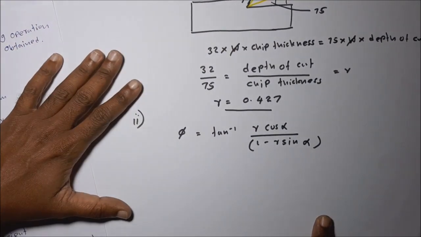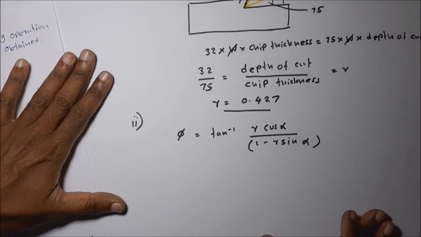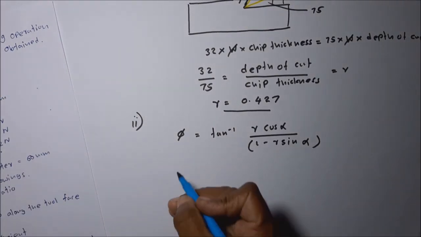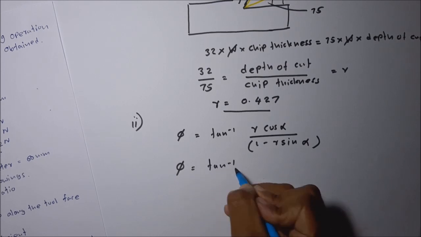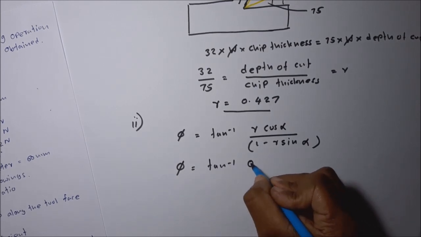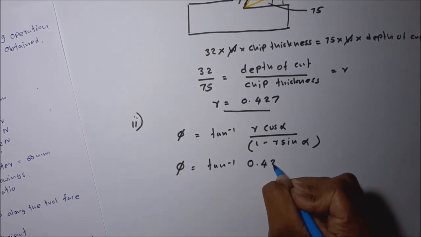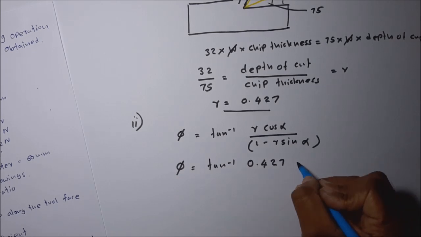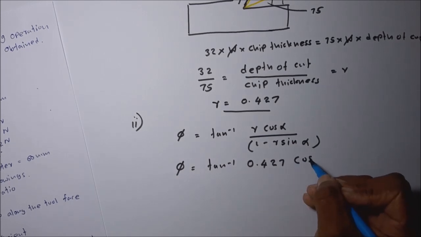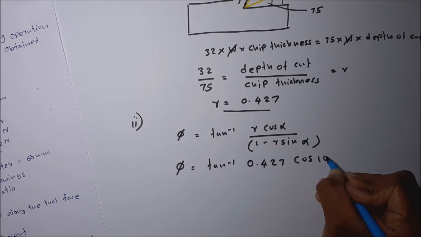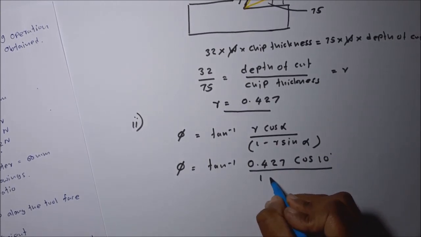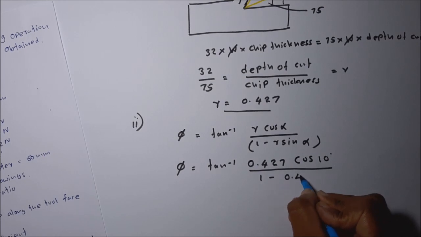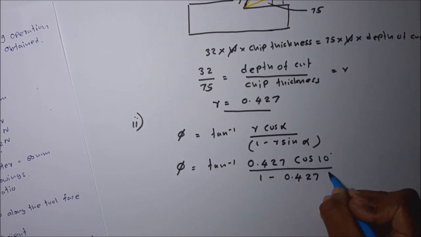Here phi is equal to tan inverse, what is R? 0.427 cos alpha, rake angle is also given, 10, divided by 1 minus 0.427 sine 10.